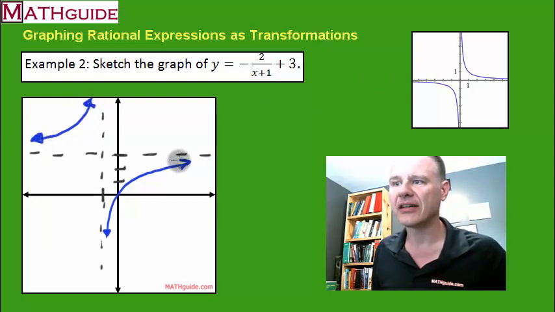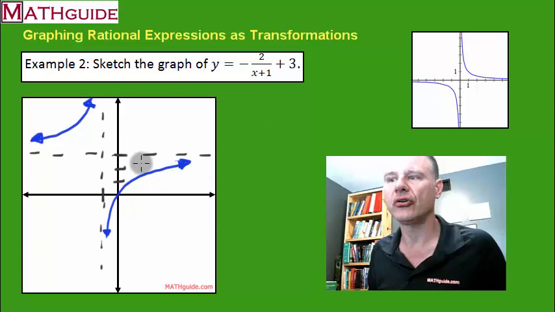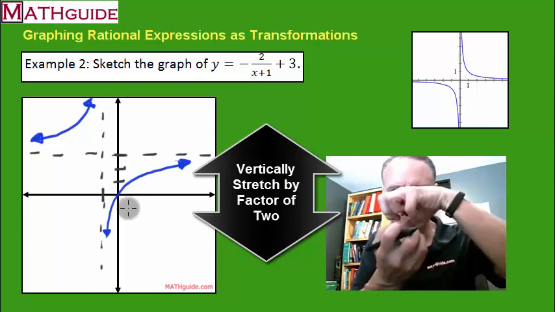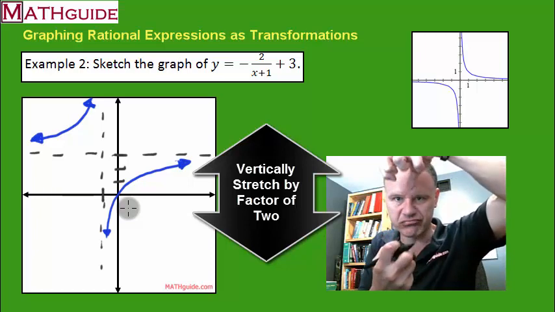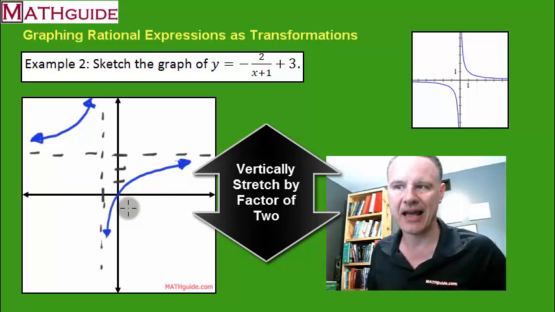Now, what does the 2 do to the curve? I didn't really factor it in here too much, but what it's going to do is stretch the curve vertically. So it makes it grow, kind of stretching like taffy. You stretch it this way, and it kind of stretches farther away from the horizontal asymptote.